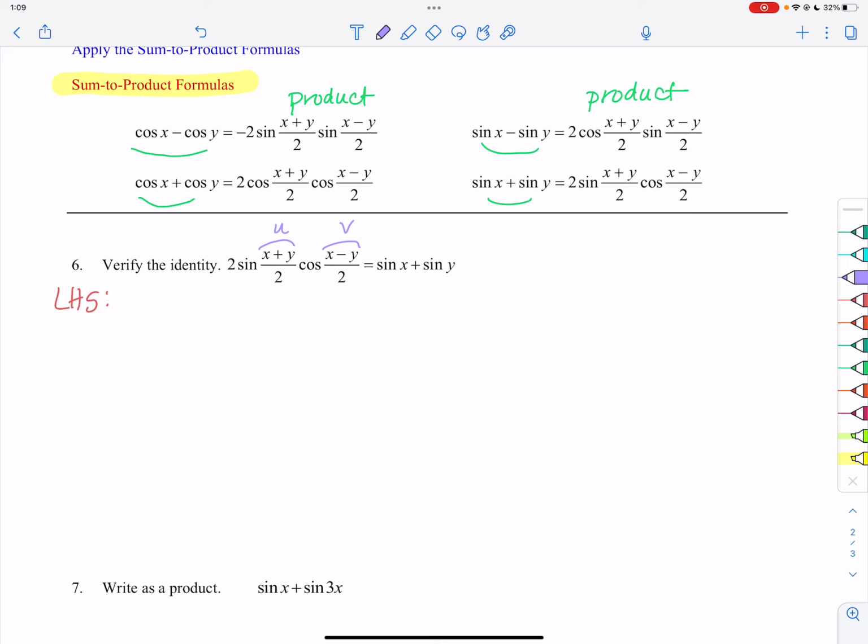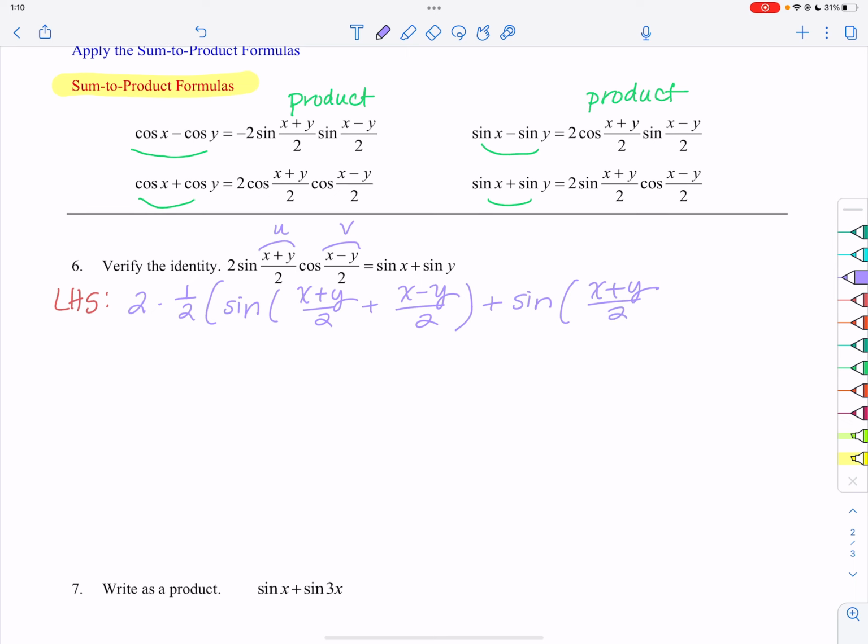So if we have 2 times 1/2 of the sine of (x plus y) over 2 plus (x minus y) over 2, plus the sine of (x plus y) over 2 minus (x minus y) over 2.